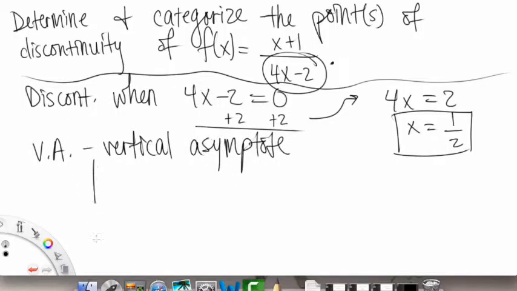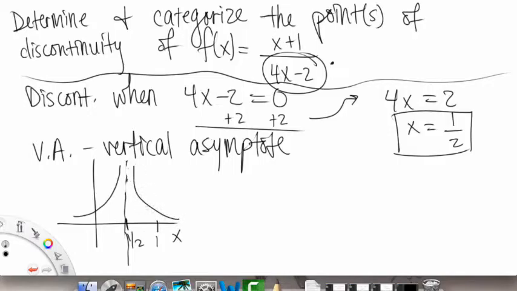For this particular one, if x was 1/2, then we have some vertical line going up and down, some invisible vertical line that the graph tends toward but does not touch entirely. It looks something like that. I don't know exactly what this graph looks like, but that's the general idea.